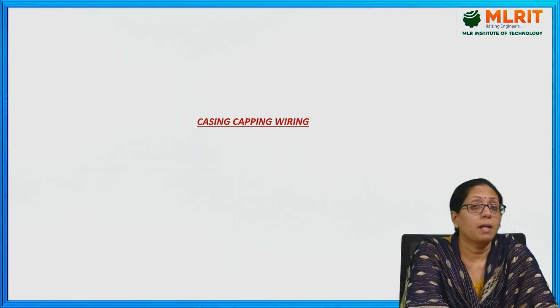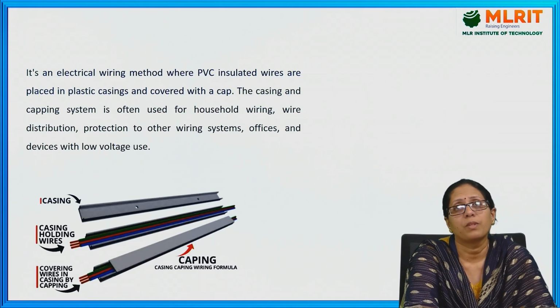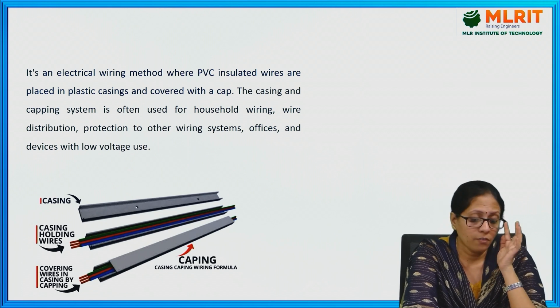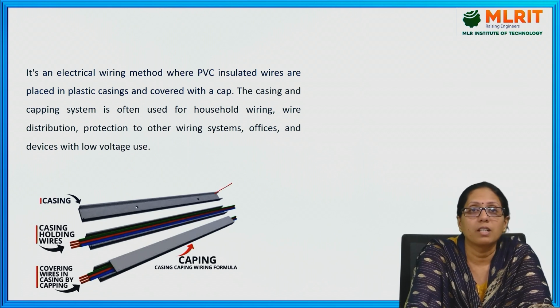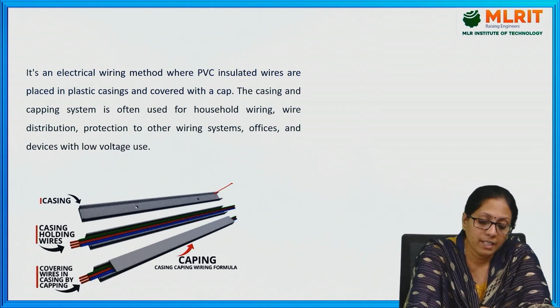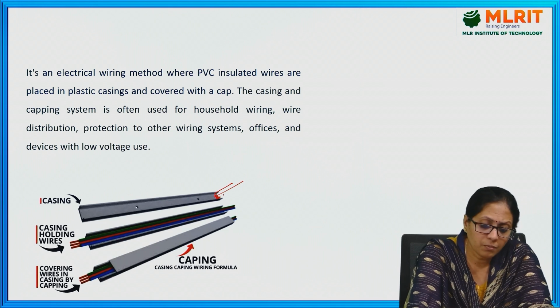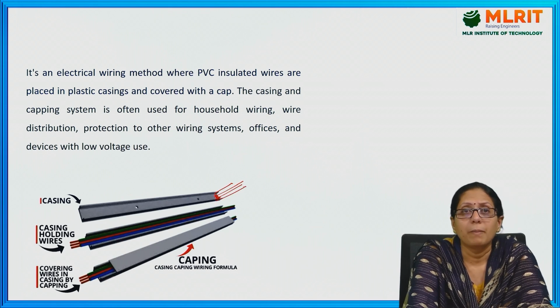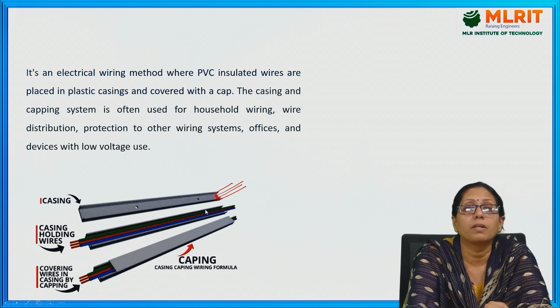The next type is casing and capping wiring. Here you can see the picture of casing and capping wiring. This particular picture is for the casing. Inside this gap we place the conductors based on the width and diameter of the particular conductor.